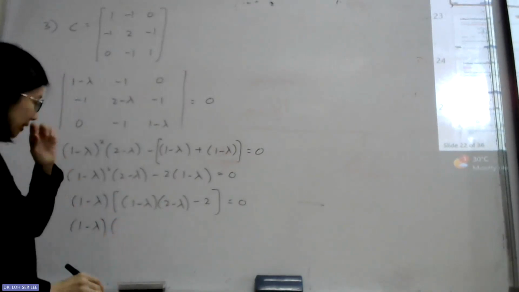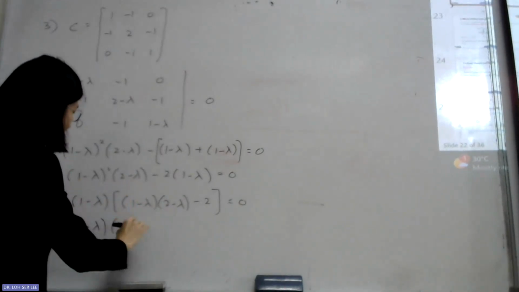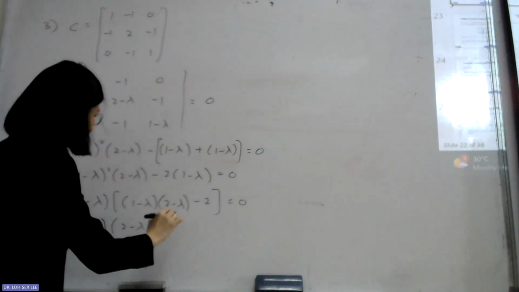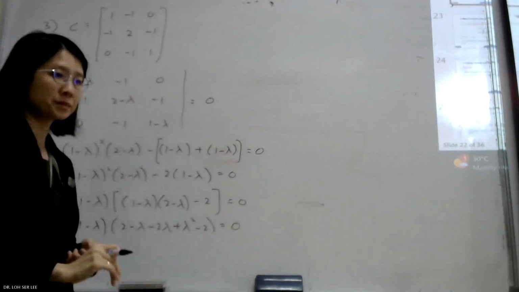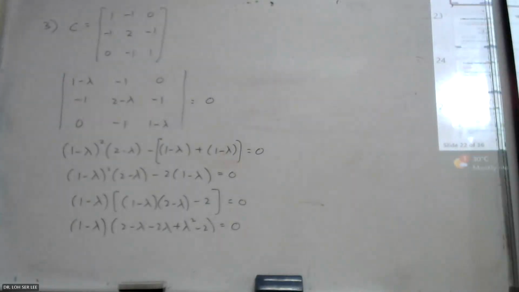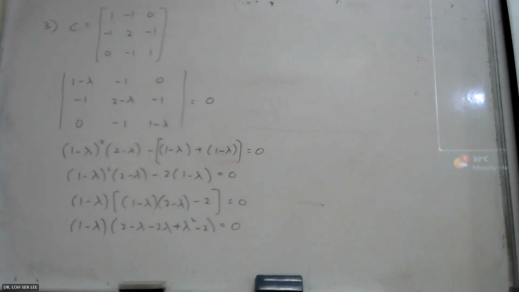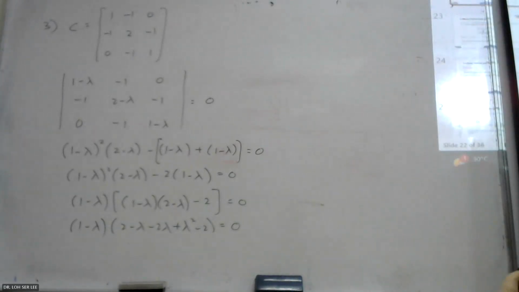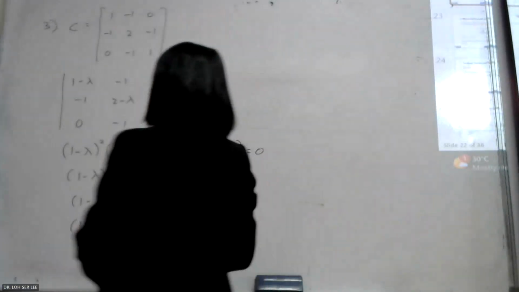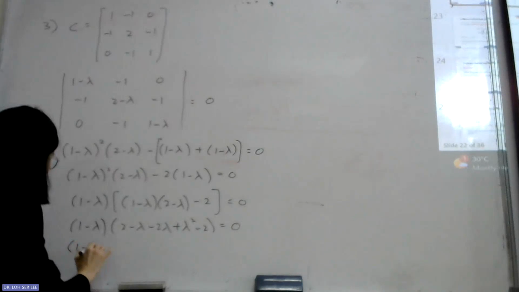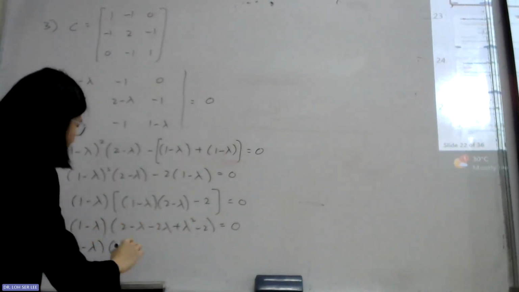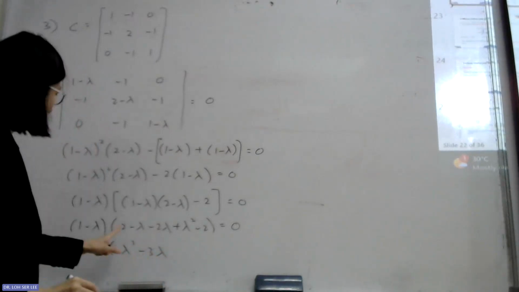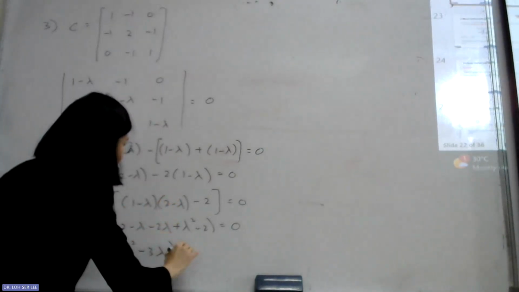When you factorize, you get 2 minus lambda minus 2 lambda plus lambda squared minus 2. So it means 1 minus lambda, lambda squared minus 3 lambda equals 0.